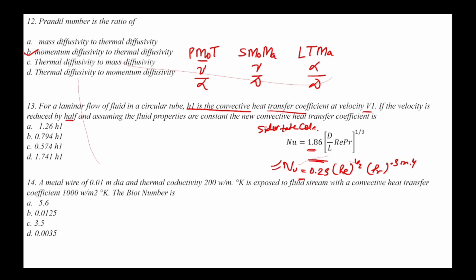So we have this equation. What he is saying is that the velocity is reduced by half. First we will see how h is proportional to velocity.